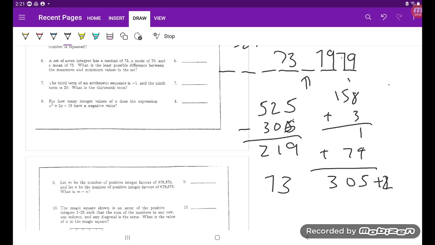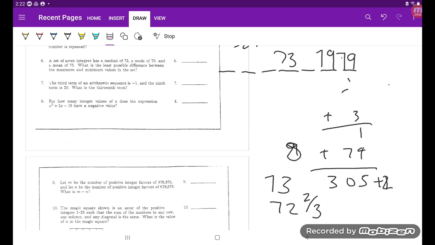That's adding 2, so we subtract 1 more, which gives 218. Divide by 3, that's 72 and 2/3. That means there would be some 72s and 73s, and obviously that doesn't work either.